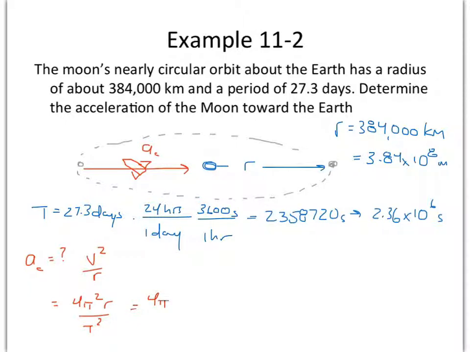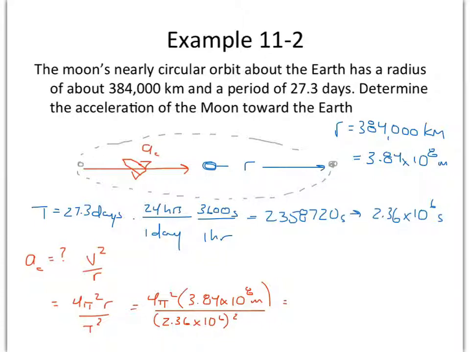So 4 pi squared, our radius is 3.84 times 10 to the 8th meters, all divided by our time squared. So that would be 2.36 times 10 to the 6th, that quantity squared, because the time period is squared. So what do we get? 4 pi squared times 3.84 times 10 to the 8th, divided by 2.36 times 10 to the 6th, that quantity squared.